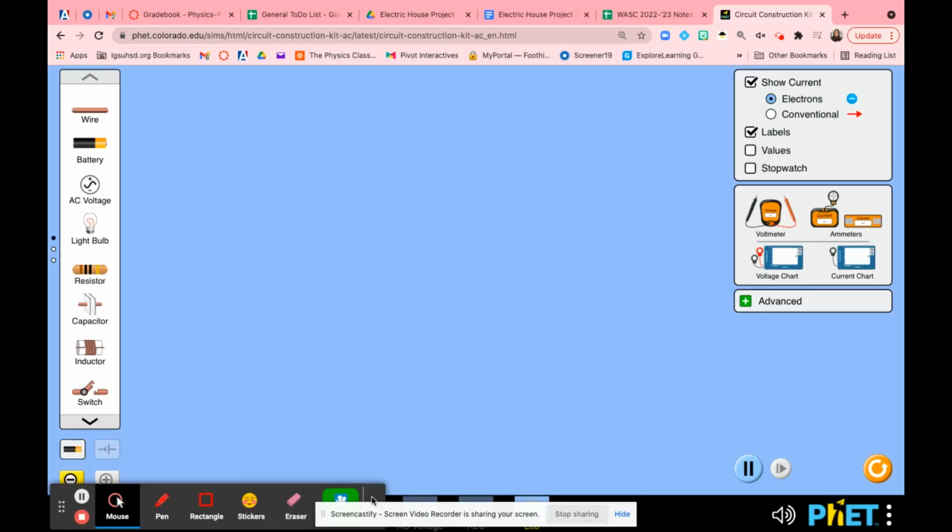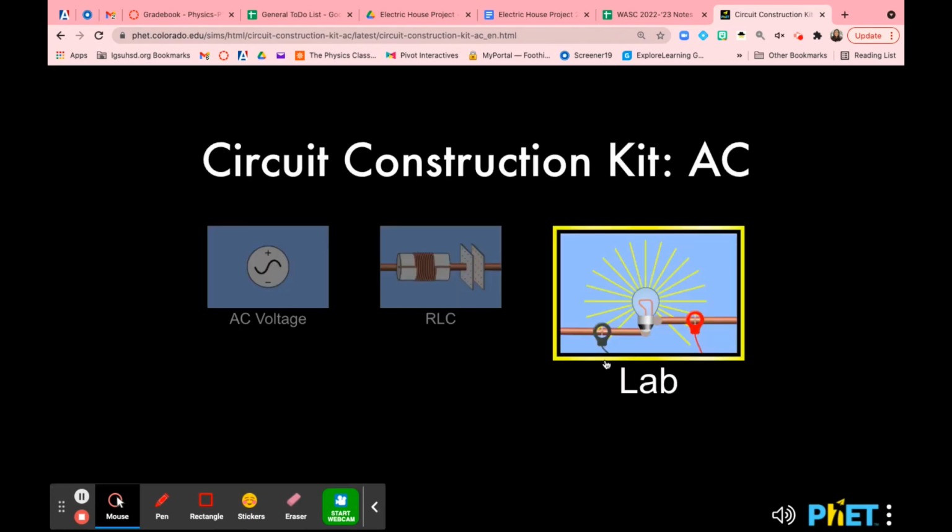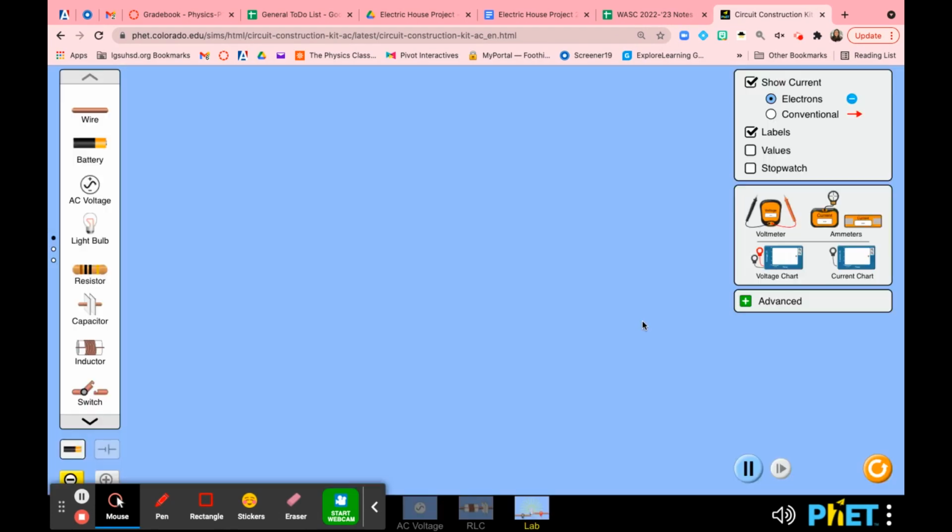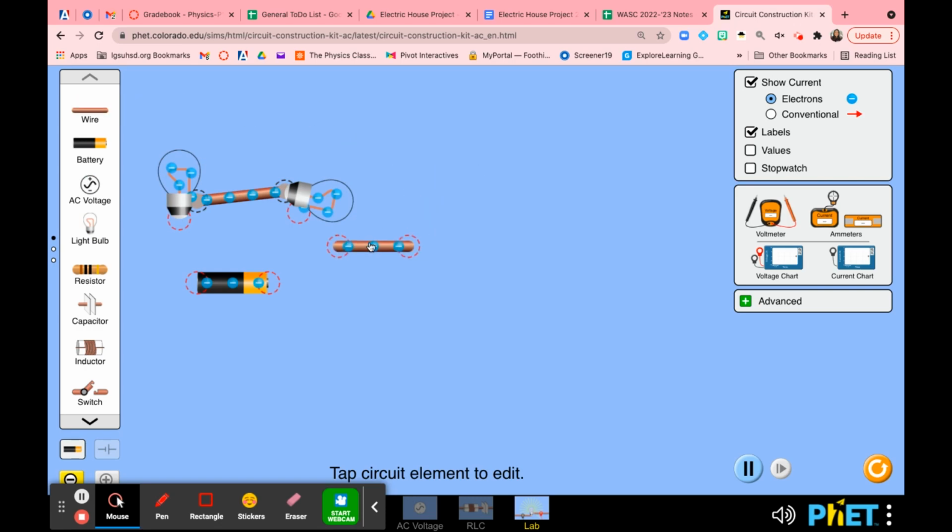Hi, physics students. So the activity that we did in class today, you can do through the simulation. I don't know why it's not closing for me, but basically we took a battery and we took some light bulbs and we set them up in series and we set them up in parallel.